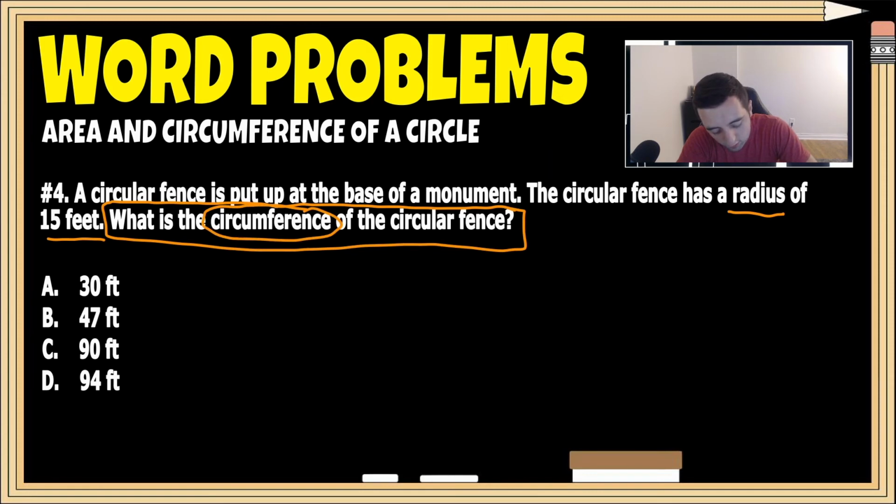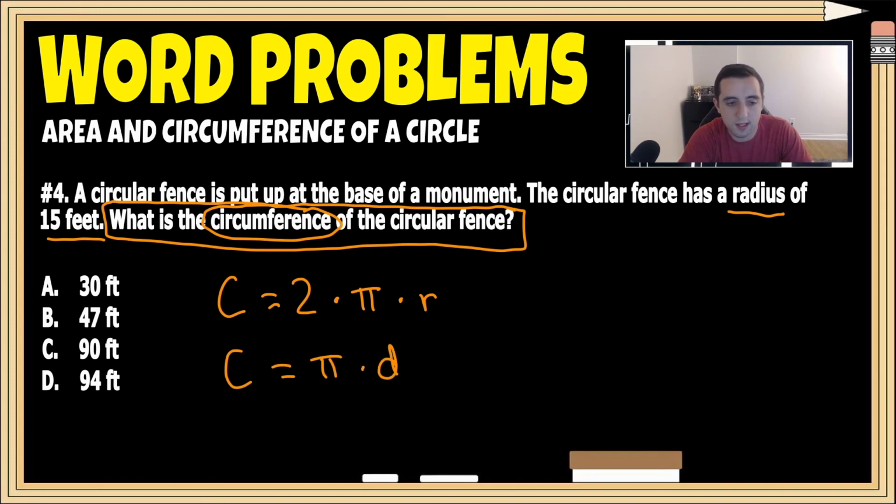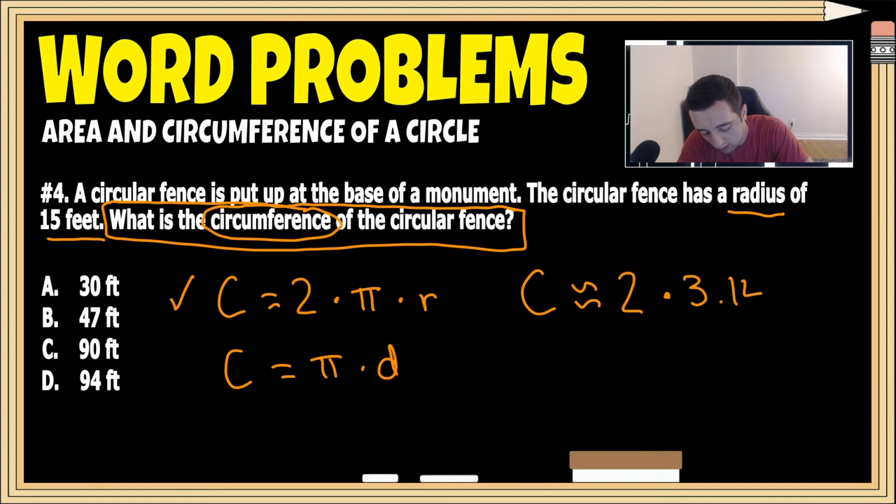Okay, again, two formulas to find circumference. Circumference equals 2 times pi times the radius, or circumference equals pi times diameter. Now, this time around, we're given the radius length, so I'm going to utilize the first formula since radius is already involved in it. So let's go ahead and solve for circumference. So circumference is approximately, and we have 2 times 3.14 times our radius, which is 15 feet.